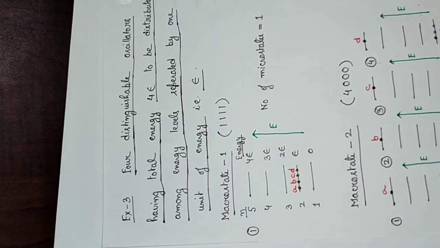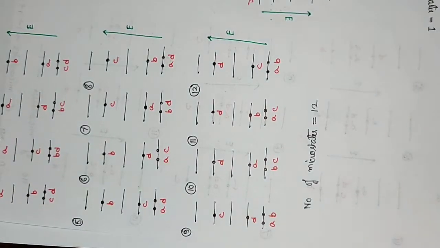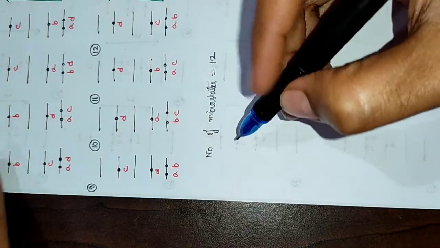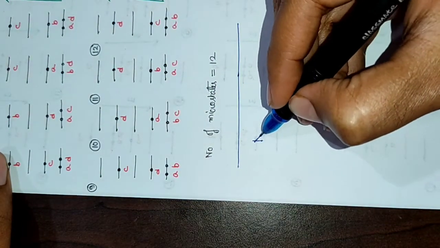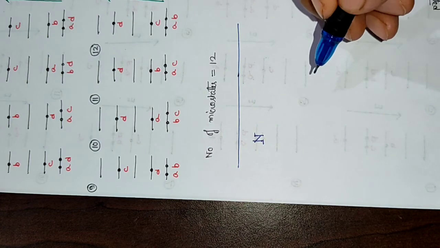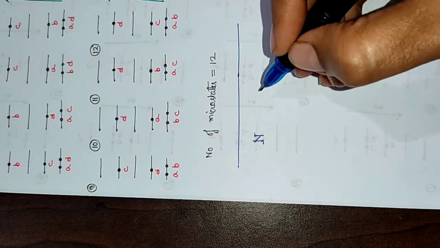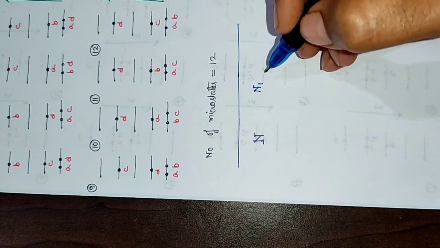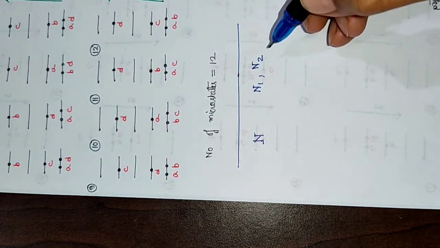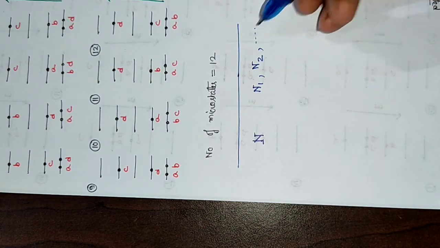Now we will try to find out an interesting thing. You can easily observe how hectic it is to find out the number of microstates. So for a system with n number of particles in total, here it is for example 4, and n1 to be the number of particles in the first quantum level, n2 be the number of particles in the second quantum level, and so on.